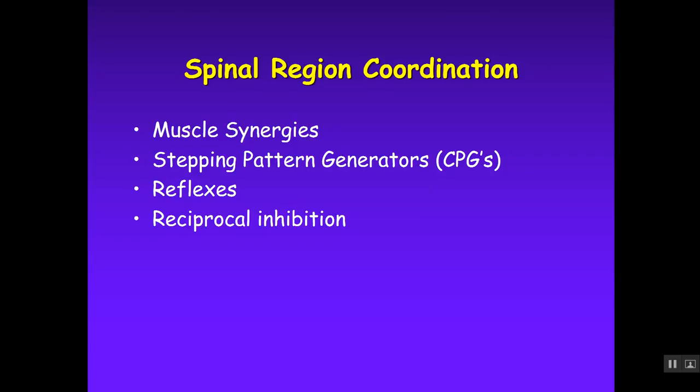It's also true with some more complex movements, like stepping pattern generators. There are reflexes within my spinal cord from my lower body, in that L1 to S1 region, that automatically, if I send the start signal down from my cortex, once they get going, tend to keep going.